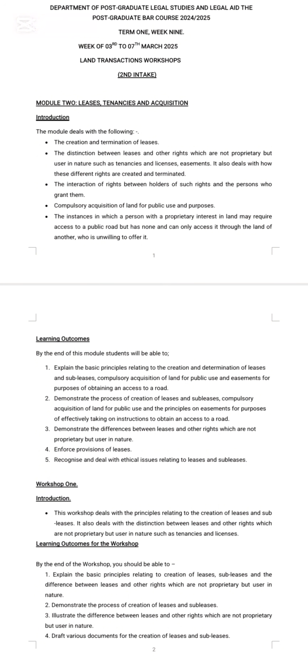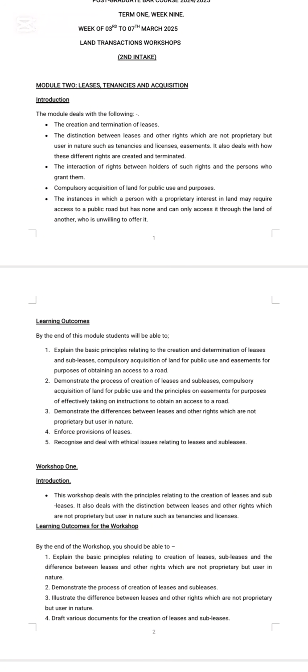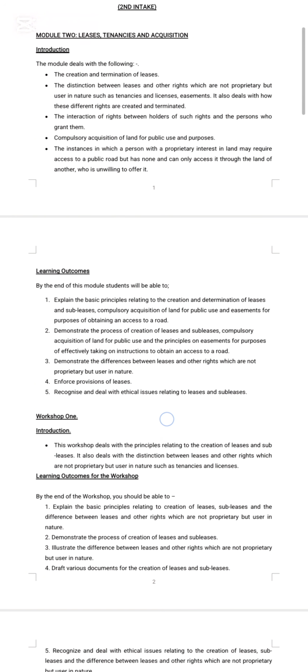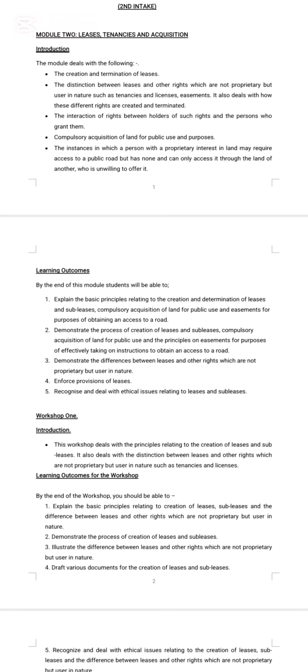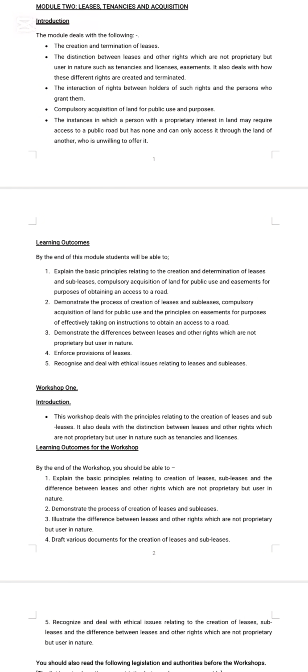We shall be looking at licenses, which are for people who have been permitted to be on the land, whereas for easements, we have the right of way and also a right to access a water body. Those are some of the easements we shall be looking at. It also covers the interaction of rights between holders of such rights and the persons who grant them.